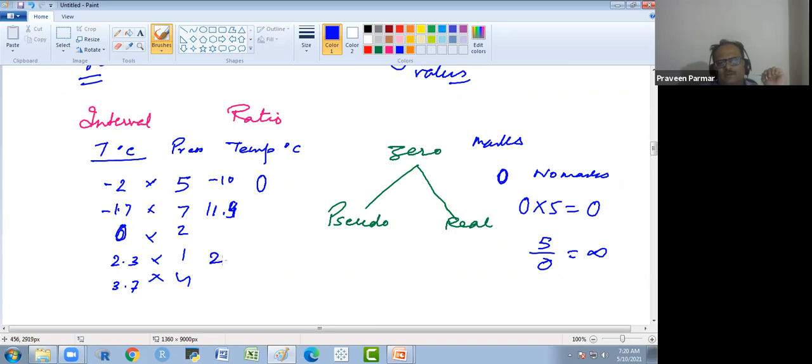It is okay, 2.3. It is whatever. But would it be zero or not? Is it possible?